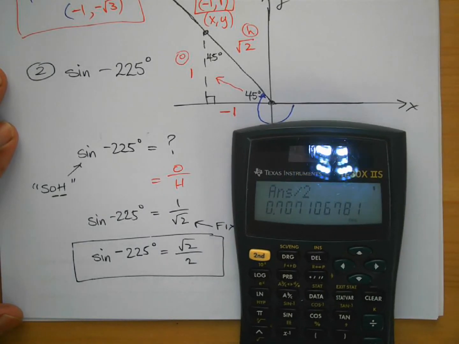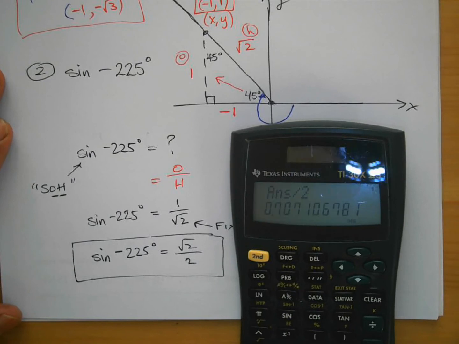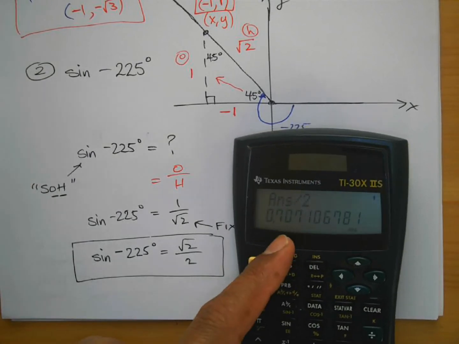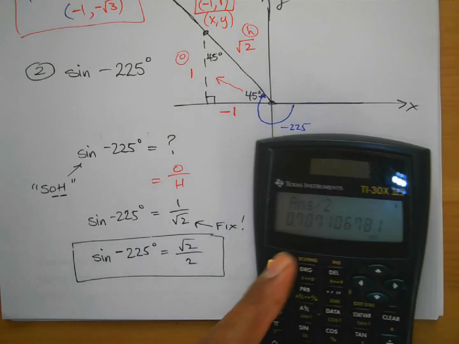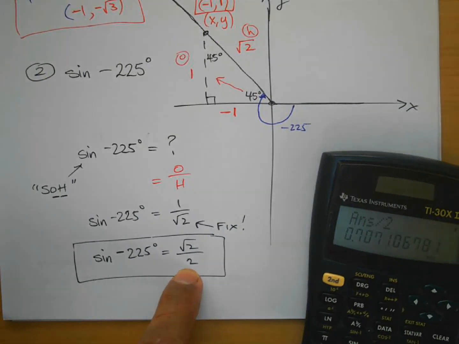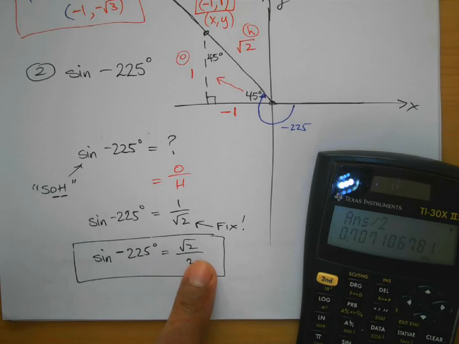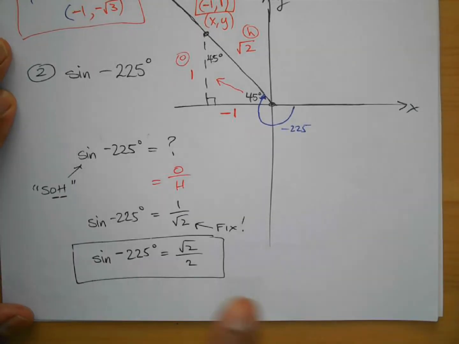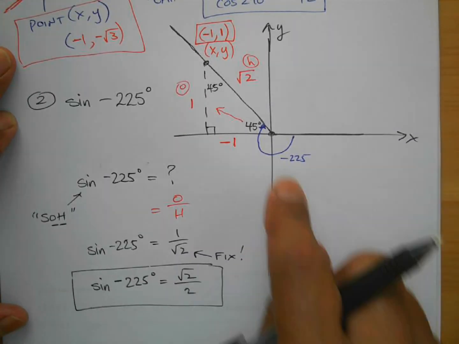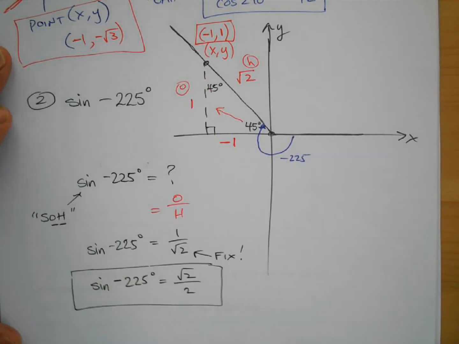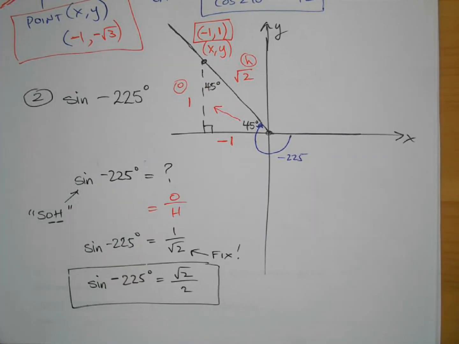Got the same. See, I got the exact value. The problem is, people round it off. They'll put 0.7 or 0.71. It's not exact. This is an exact value. Okay? That's what you're doing. So you're finding exact values and you're naming a point on the terminal side. All right, there it is. Good luck.